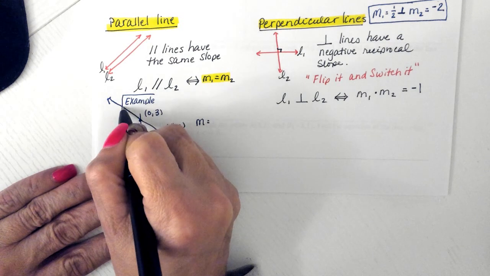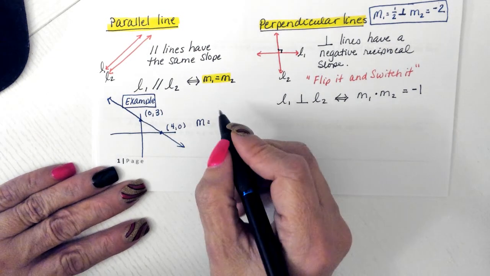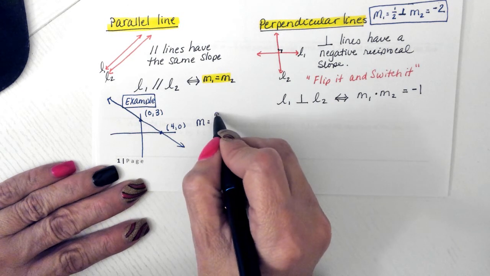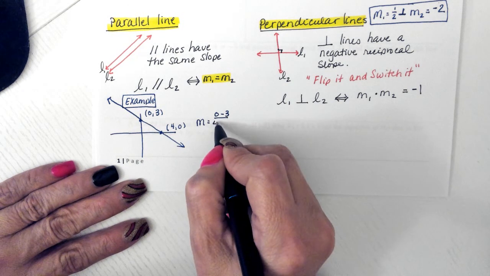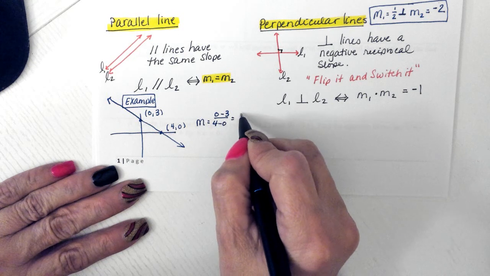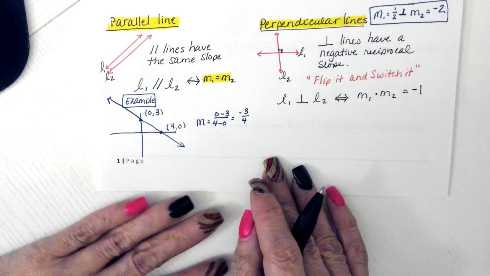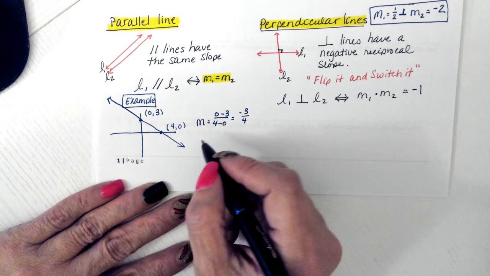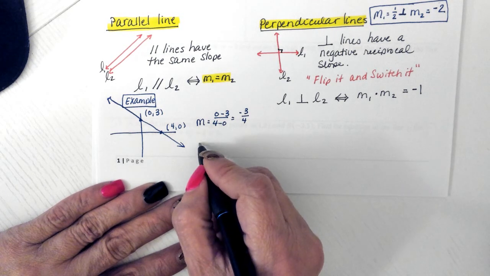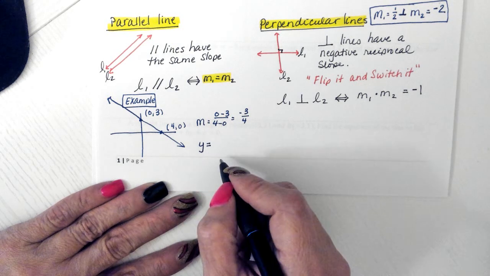All right, so the slope is going to be 0 minus 3 over 4 minus 0. So that's going to be negative 3 over 4. So there's my slope. Now to write the equation of a line in slope-intercept form, y equals mx plus b.